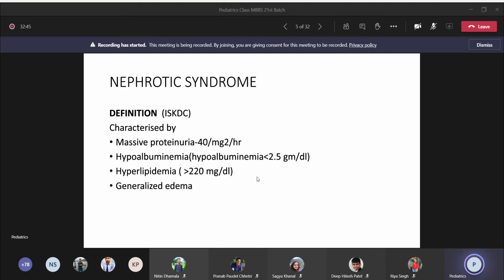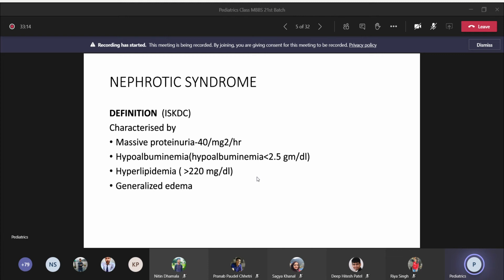So what proteins are lost in massive proteinuria? Albumin, thyroxine binding protein, cholesterol binding proteins, metal binding proteins, and other proteins also, protein C, protein H. These are the proteins lost.